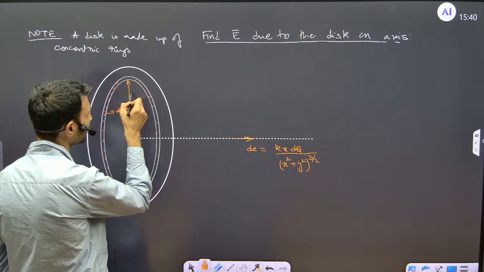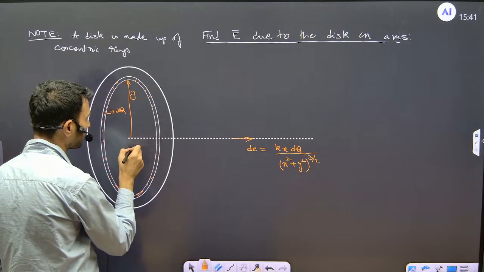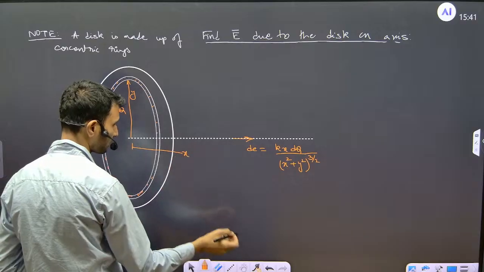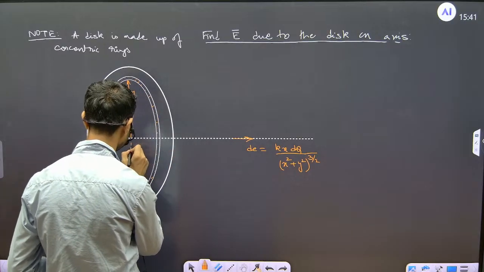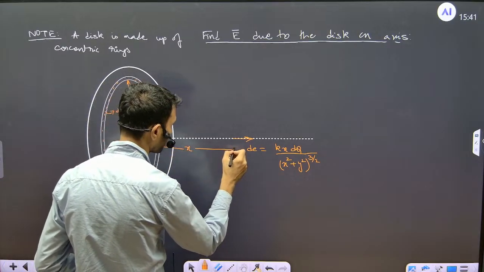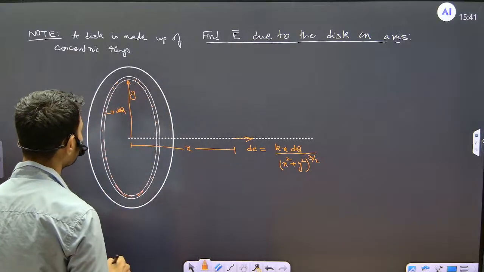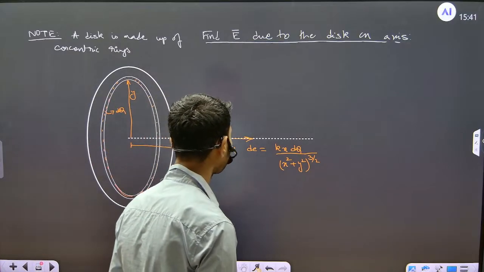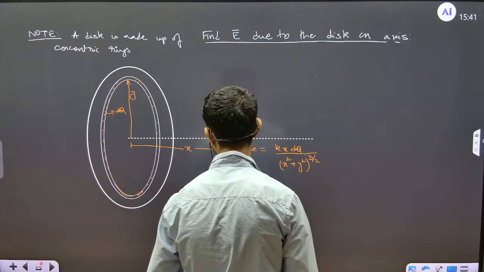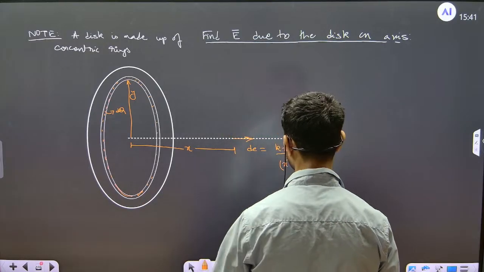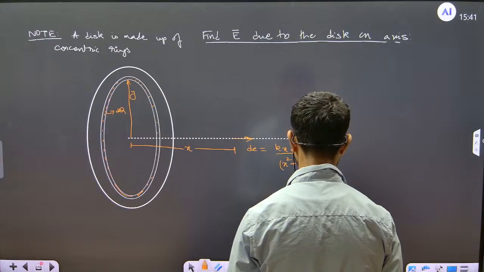The radius is not x. Let's call it y is the radius, and x is this distance. X is this distance. That vertical distance is y, and this is the small electric field due to that small part of the ring, right?